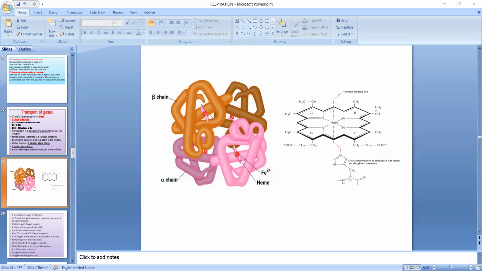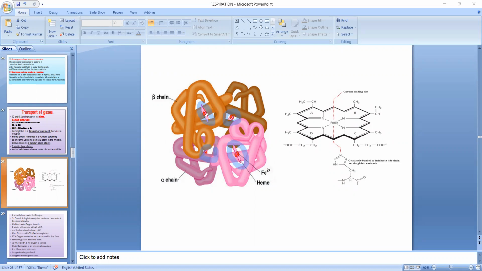You can see these structures here and here, here and here. What are these? These are heme molecules.